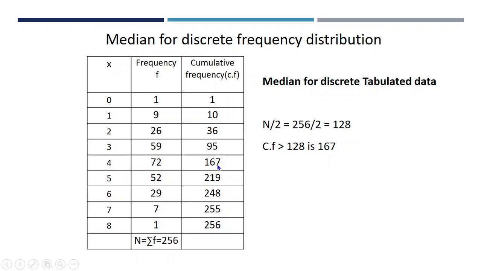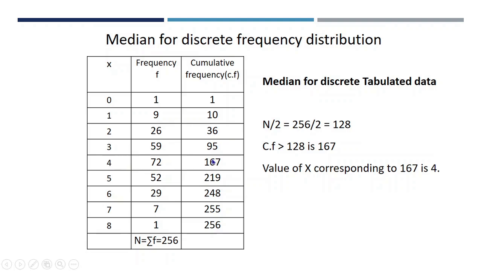So 167 is greater than 128. So this is the less than cumulative frequency we are taking. Corresponding to this, the x value is 4. So that is the median for this frequency distribution.